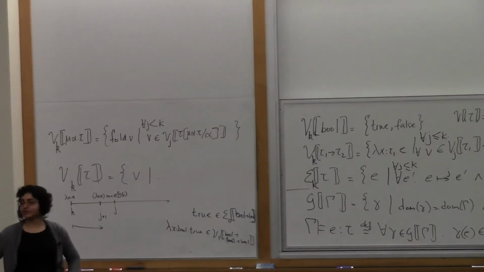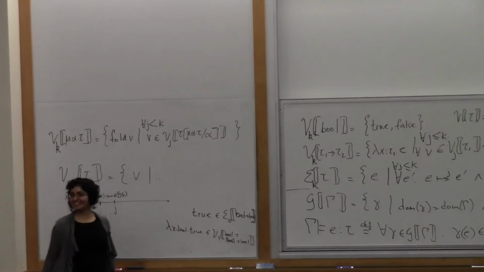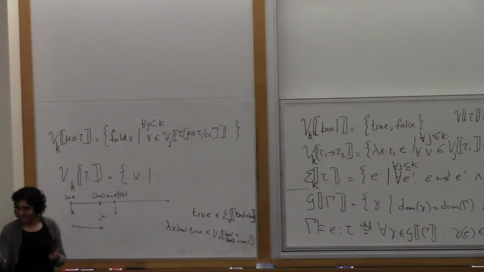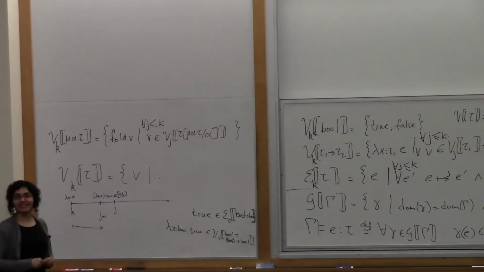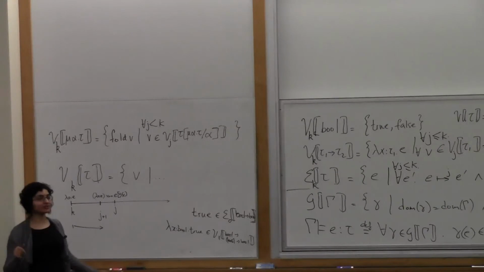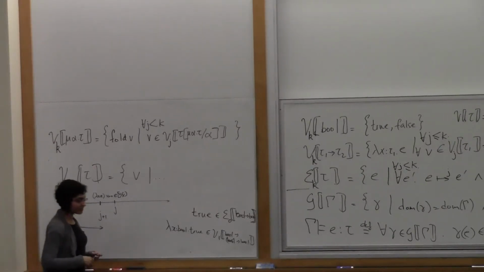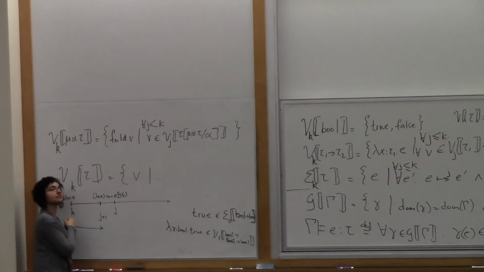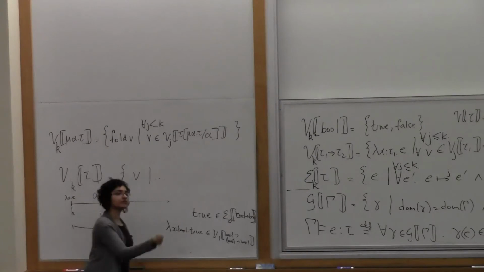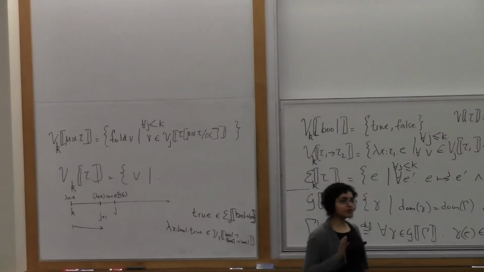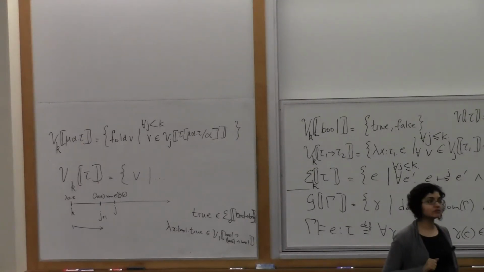If you put k minus 1, you have to be a little bit careful in a proof later on. That's all. That's precisely where. Yeah. Okay, so sorry, what's your name? Gabriel. Okay, so what Gabriel just mentioned is that we want a form of monotonicity, right? I keep saying that V looks like it has type tau for up to k steps. So if I give you a value that looks like it has type tau for 5 steps, should it look like it has type tau for 4 steps?